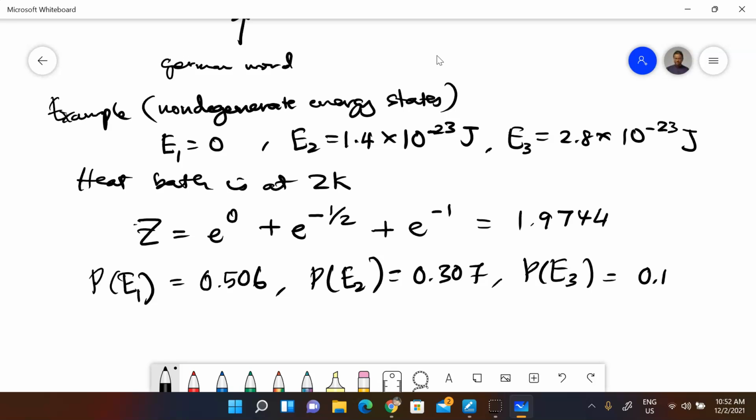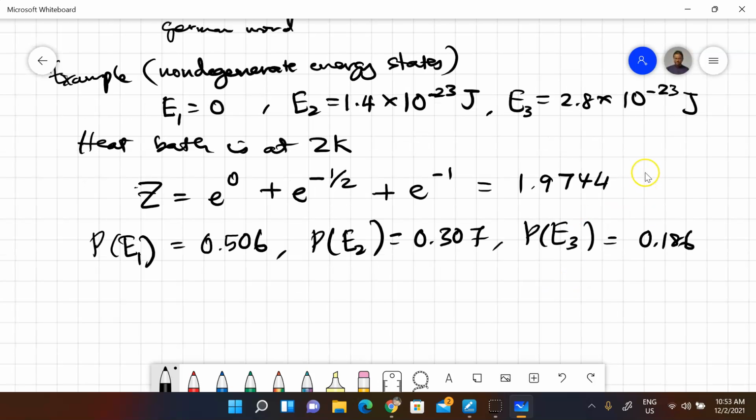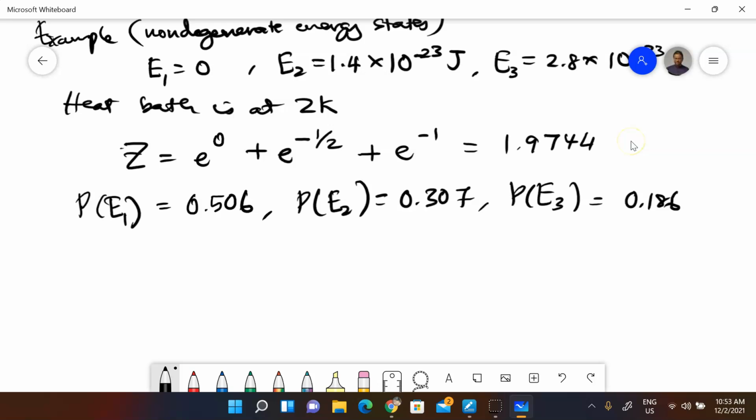E3 is 0.186. So the idea here is, I think this should add up to 1. Well, almost, because there must be some rounding-off errors. But the idea is one can start doing these types of calculations with respect to a particular ensemble.